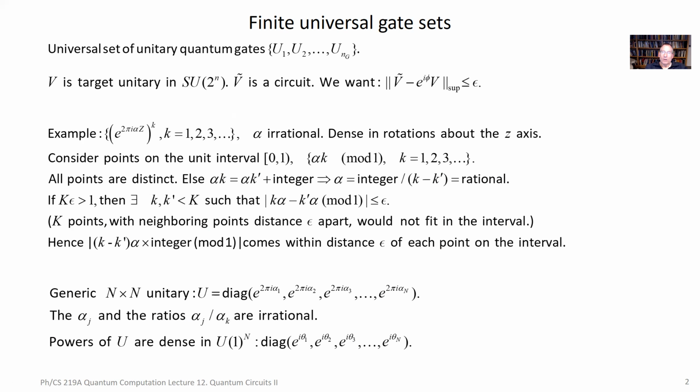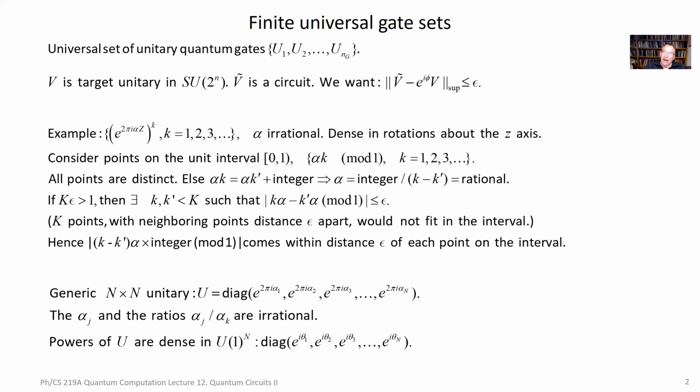So why is that? Well, just picture the unit interval, and if it's not true, then for every point that we've hit as k and k prime range up from 1 to capital K, every point is always at least distance epsilon away from another point.